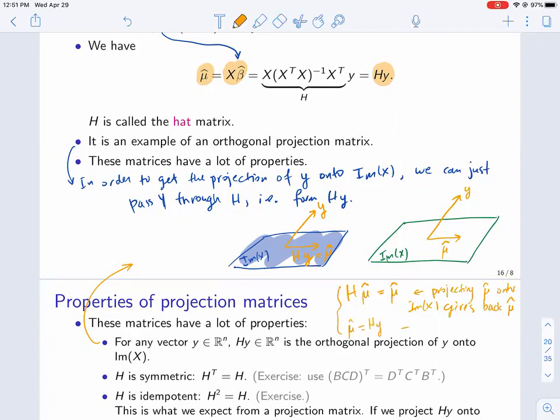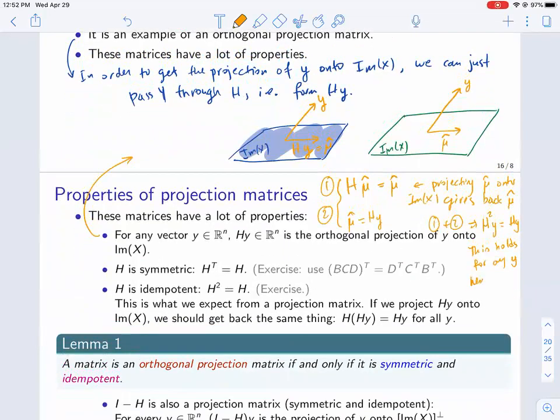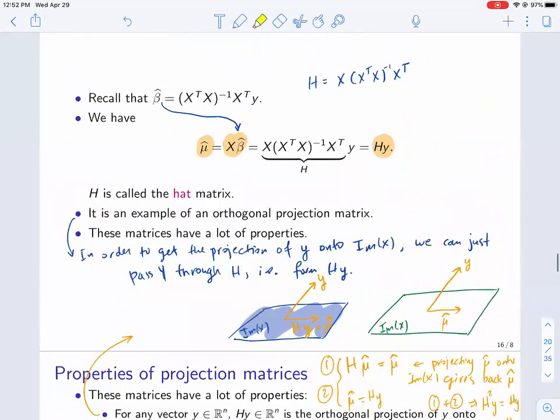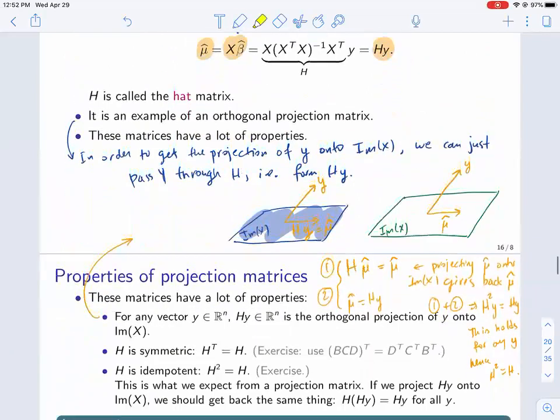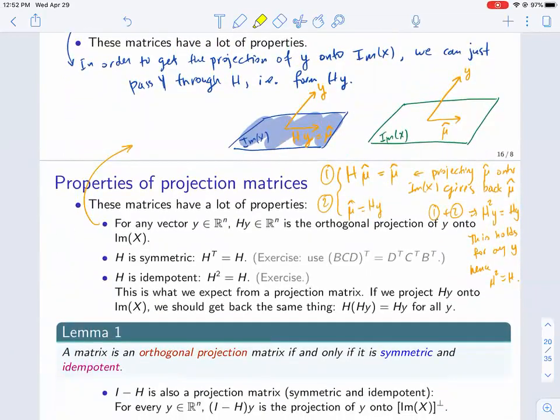If you put these together and plug mu hat back in, you get H squared Y is equal to HY. And this holds for any Y, so H squared has to be equal to H. This is a geometric proof of that fact, which you can also show using the formula. If you understand that, you understand the geometric picture better.